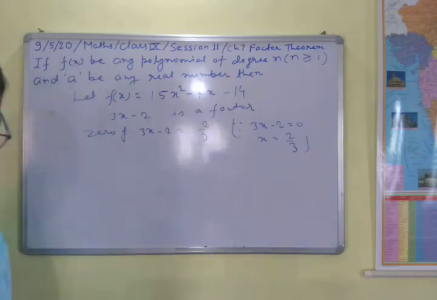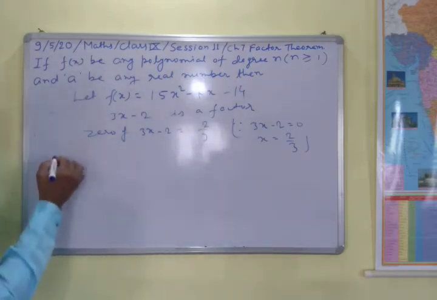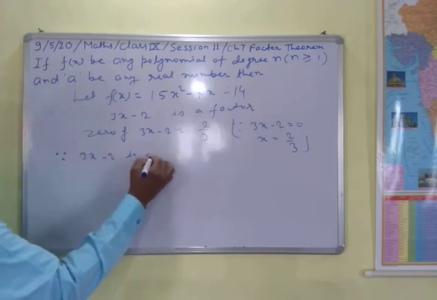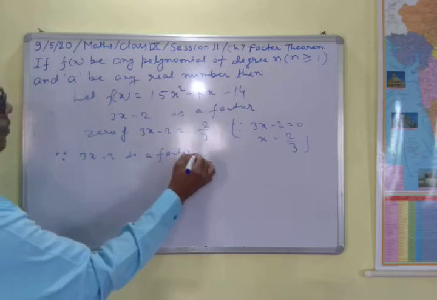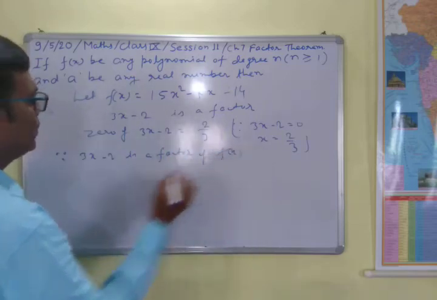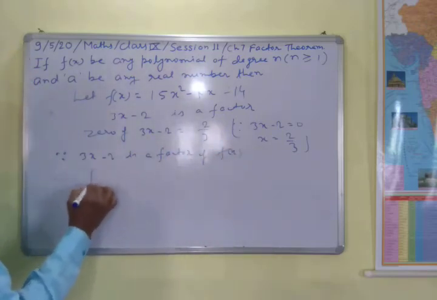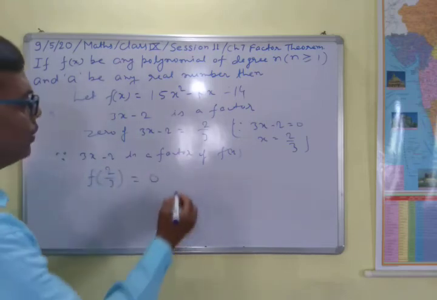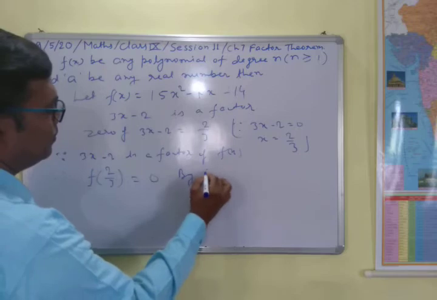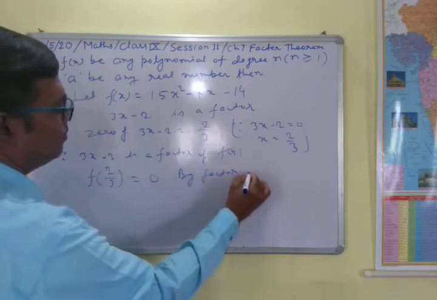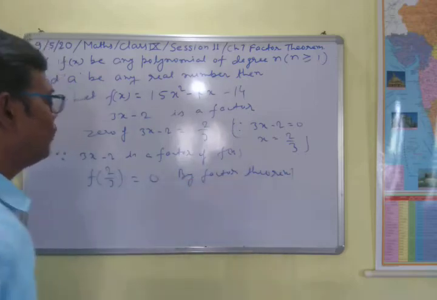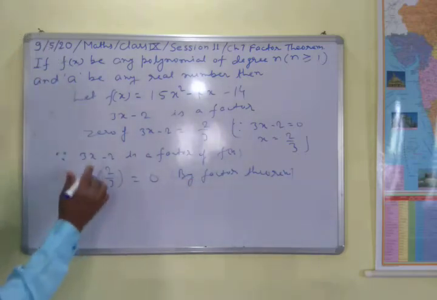Now since 3x minus 2 is a factor of f(x), therefore f(2 by 3) equal to 0 by factor theorem. Now what is f(2 by 3) here?